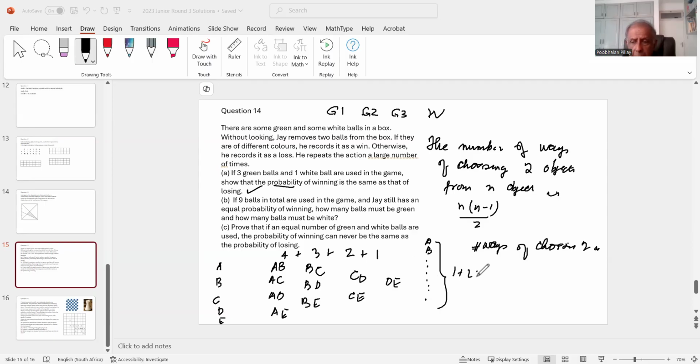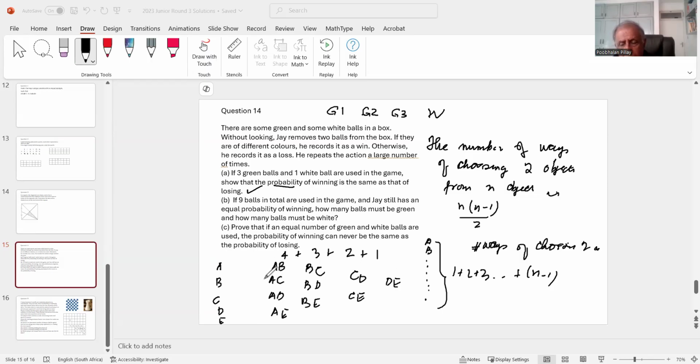It will be 1 plus 2 plus 3 all the way up to plus n minus 1, as we had 4 here. So if there are n objects, it's exactly the same method. I started off with 4 here, you see, because I'm matching A with the others. So if there were n objects, I'm matching A with n minus 1. So I'll have to have n minus 1 in this column.